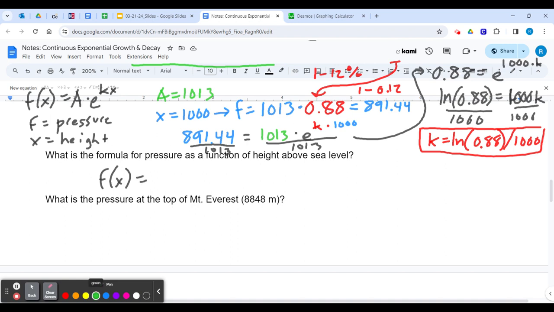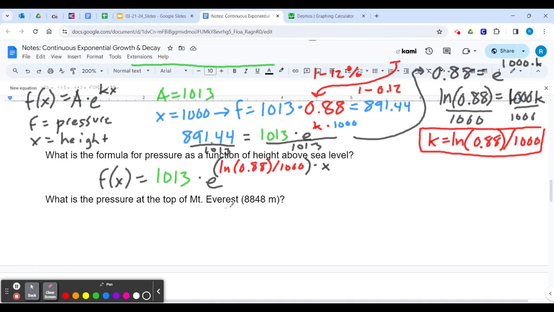We still have that same initial pressure, that 1013, multiplying by that E, and then up in our exponent, we have the ln of 0.88 divided by 1,000. And I am going to throw parentheses around it now to show that it's trapped, and that is multiplied by x.